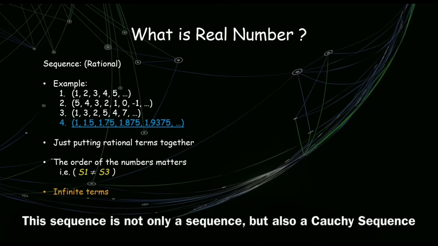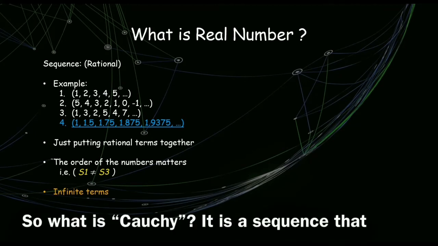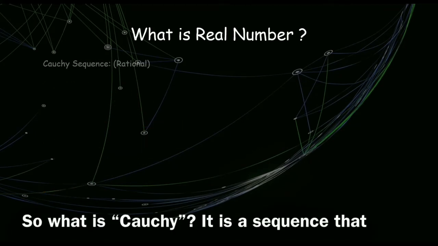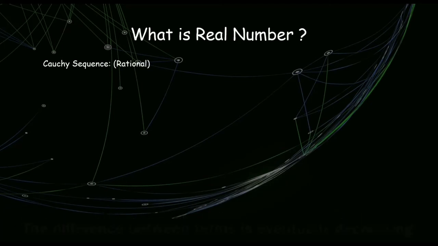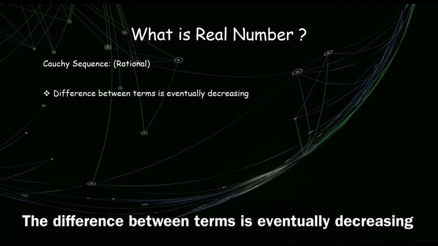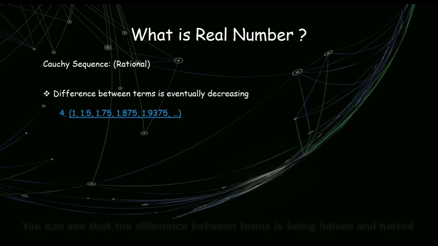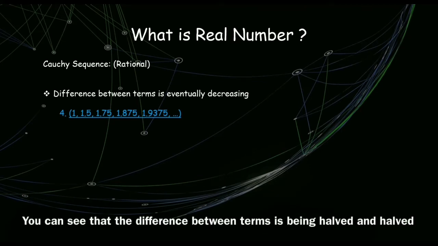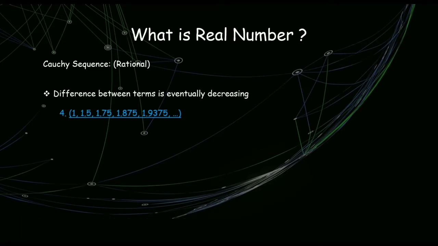This sequence is not only a sequence, but also a Cauchy sequence. So what is Cauchy? It is a sequence where the difference between terms eventually decreases. You can see that the difference between terms is being halved and halved.